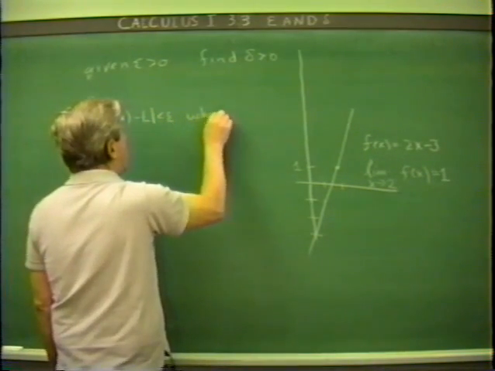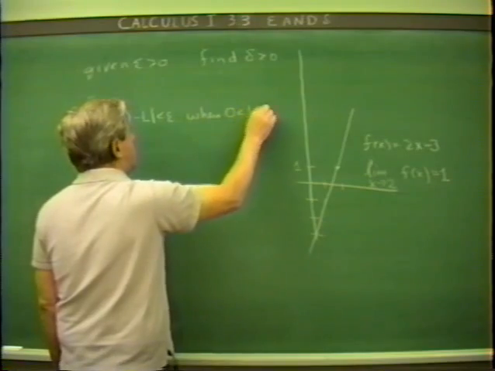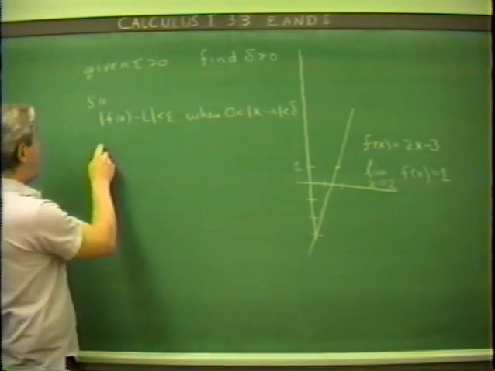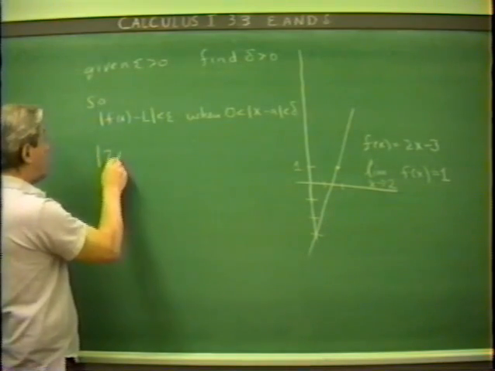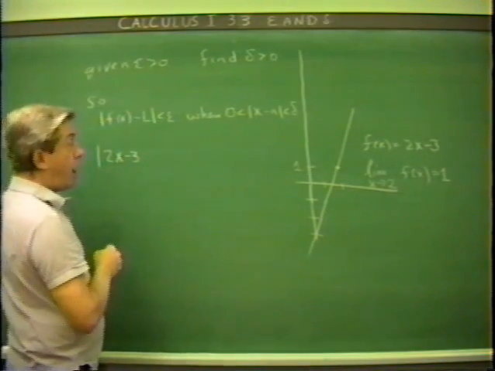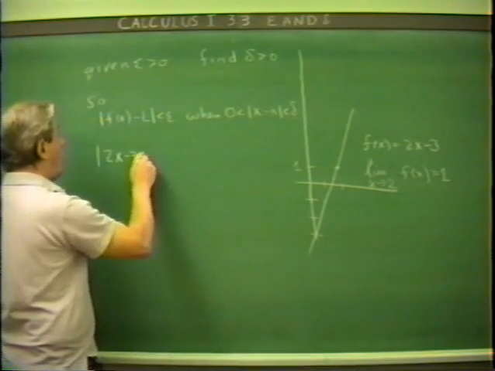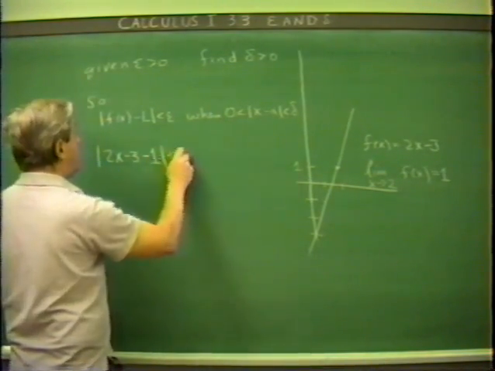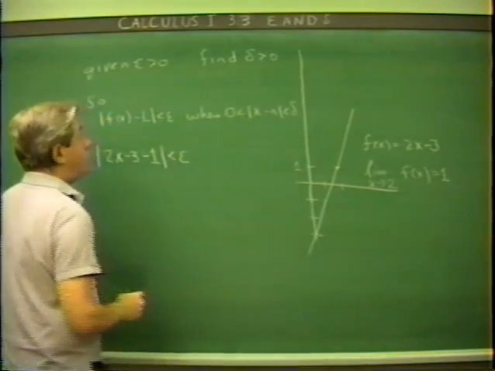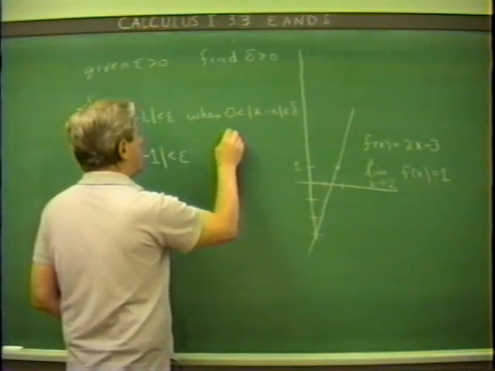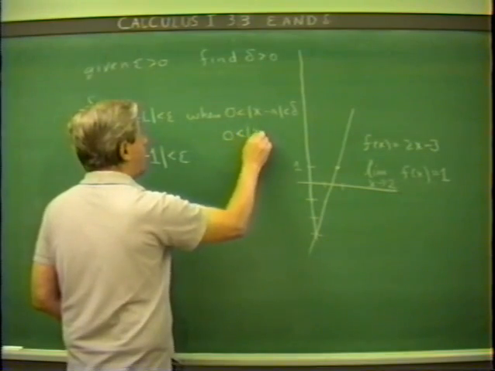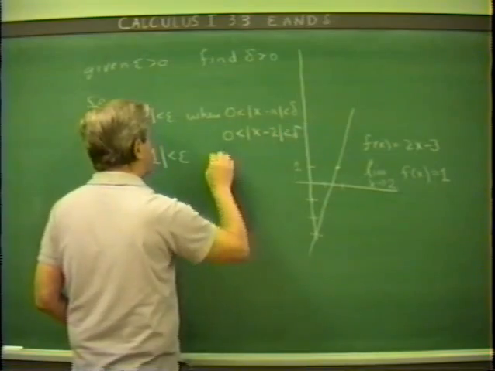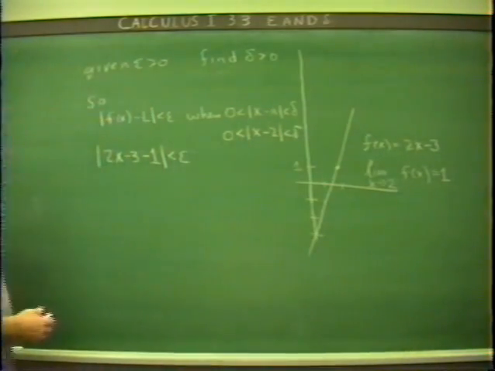Here, absolute x minus 3 divided by the square root of 3 is less than epsilon. That's the safe case, it will be equal as long as it's less. So if we let delta be epsilon times the square root of 3, we will be in good shape. And absolute square root x minus square root of 3 will be less than epsilon, providing x is within epsilon times the square root of 3 of 3.